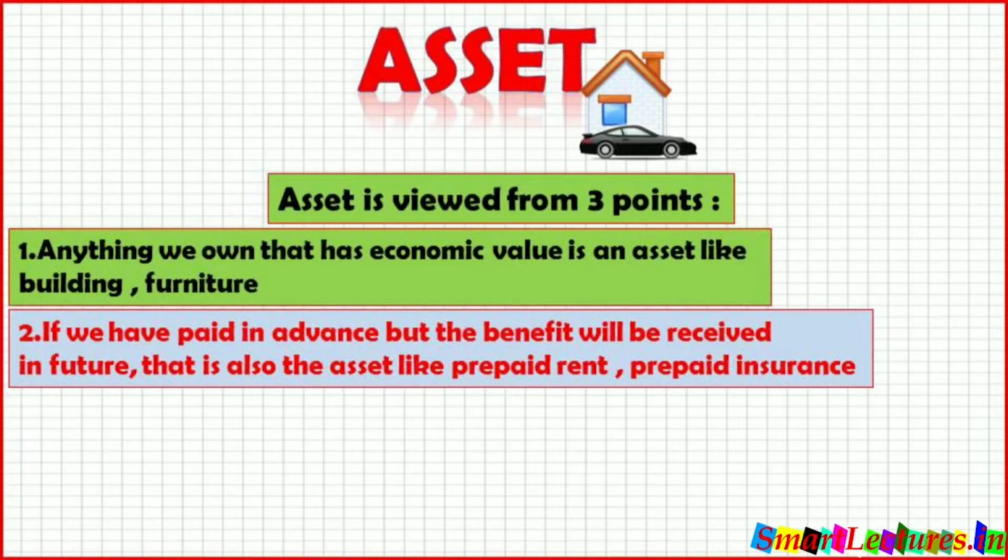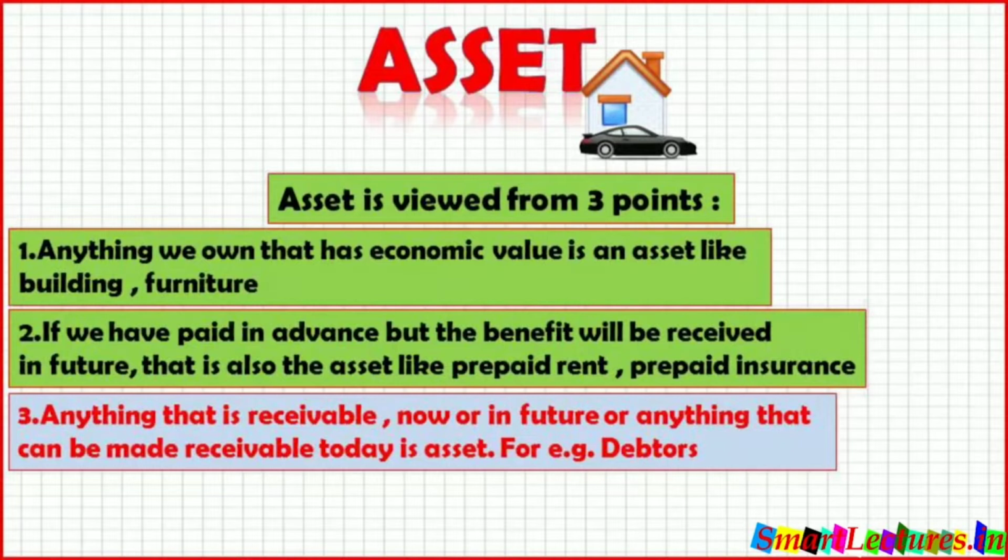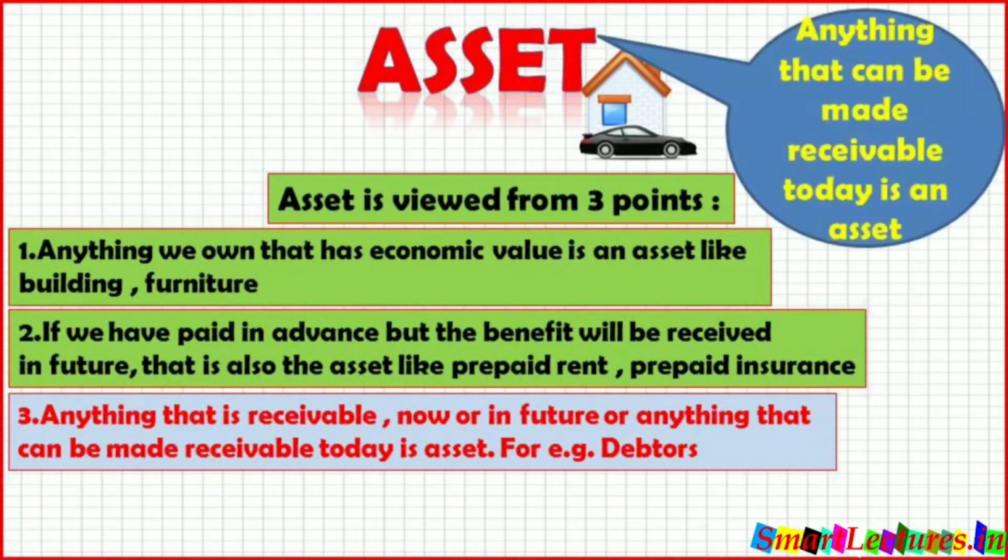And number three, anything that is receivable now or in future, or anything that can be made receivable today is an asset. For example, debtors. So let me explain again.